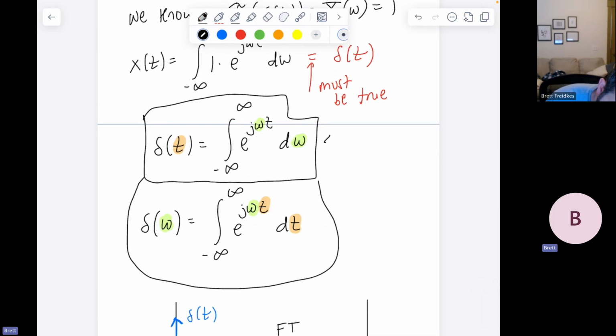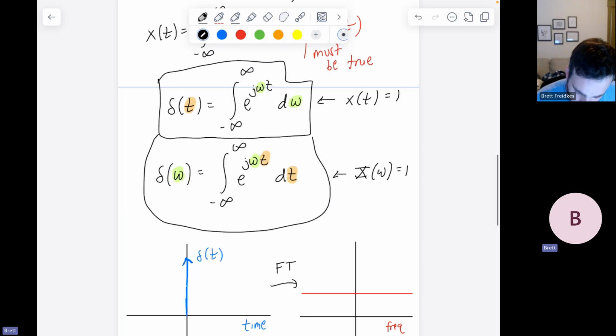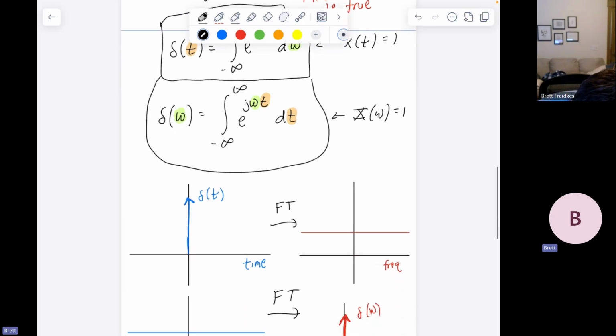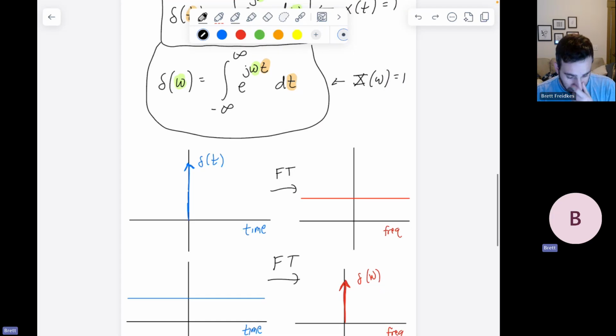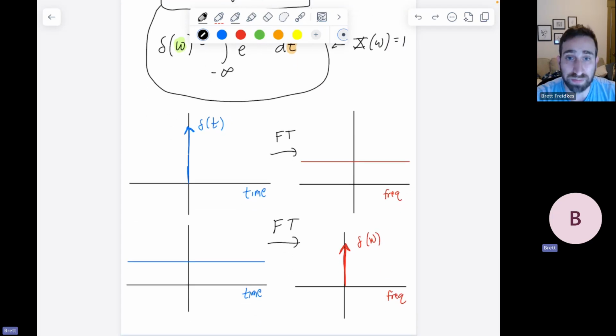In this example, my function, my X of t is equal to 1. In this example, my X of omega is equal to 1. This was the original Fourier transform, this one that we did before. This is what we just learned from our second derivation going backwards. They end up being mirrored pairs, essentially.